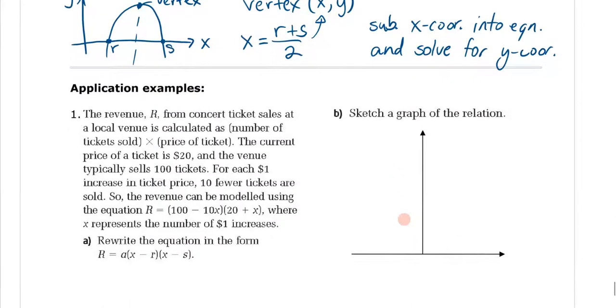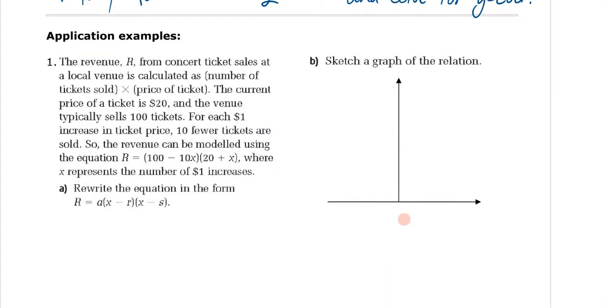So the revenue R. Revenue means the money that you're collecting, the money that you're earning as a concert venue, let's say it's concert ticket sales at a local venue, is calculated as the number of tickets sold times the price of the ticket. The current price of a ticket is $20, and the venue typically sells 100 tickets.